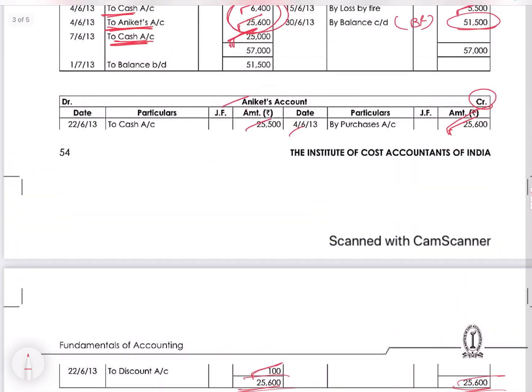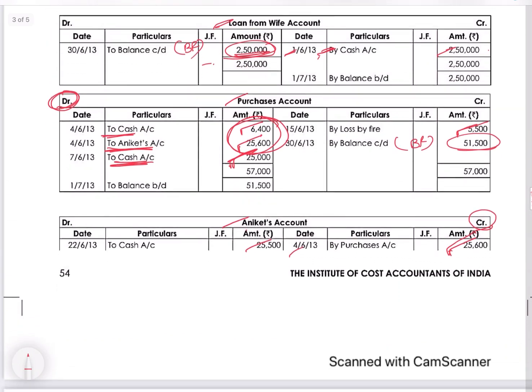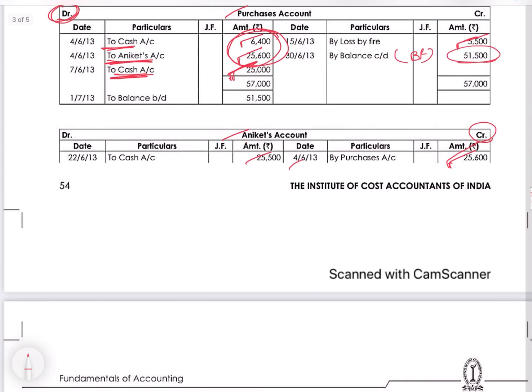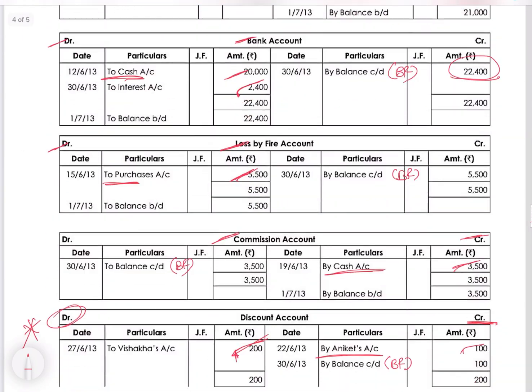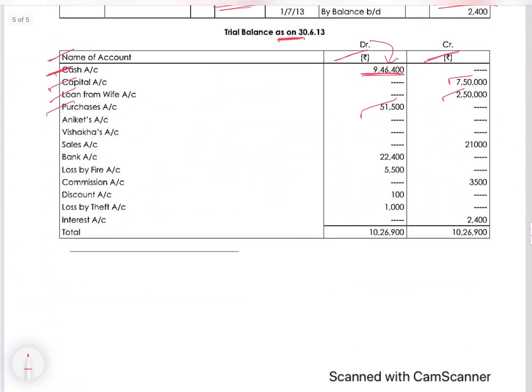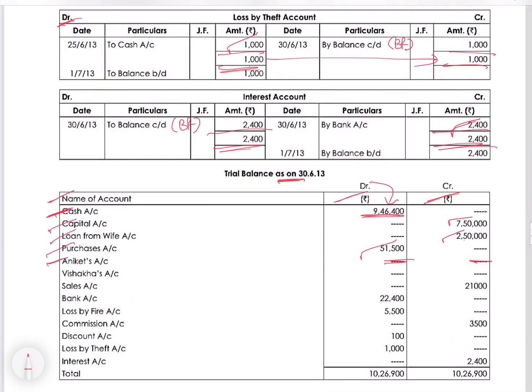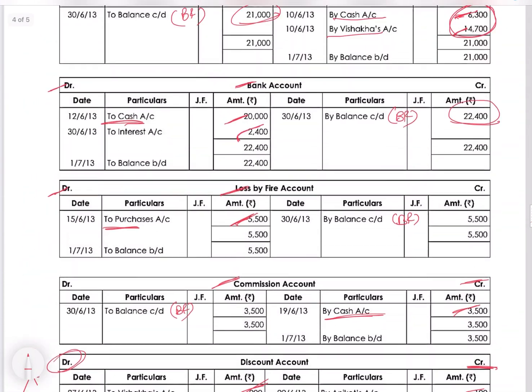Systematically, slowly we have to go. Aniket account closes; we closed it and there is no balancing figure, so Aniket is nil. You can write nil, or you need not write at all, but it is better to write it at the starting stage to get an idea.